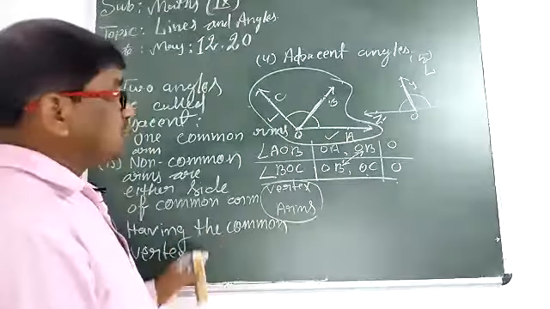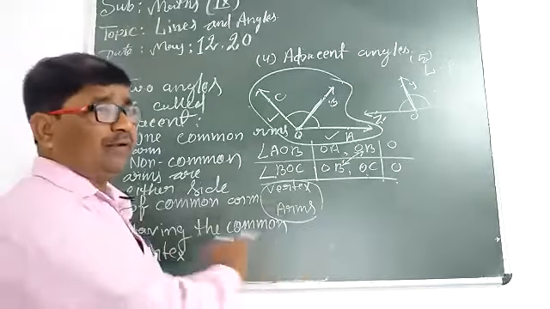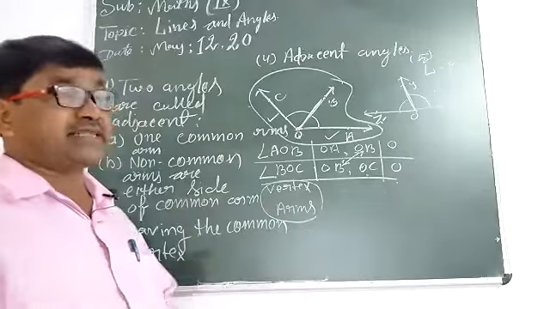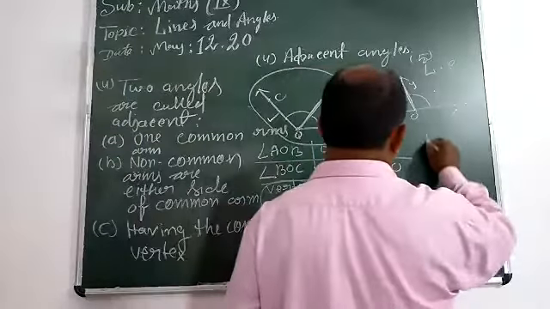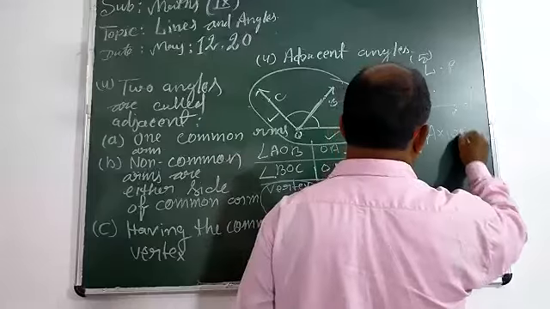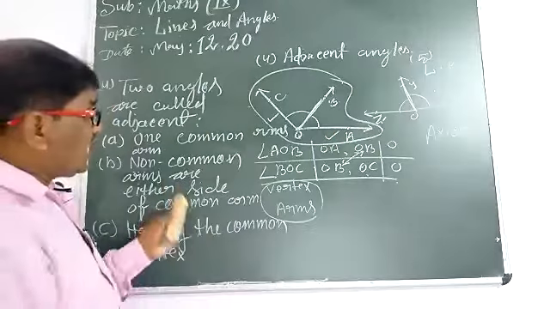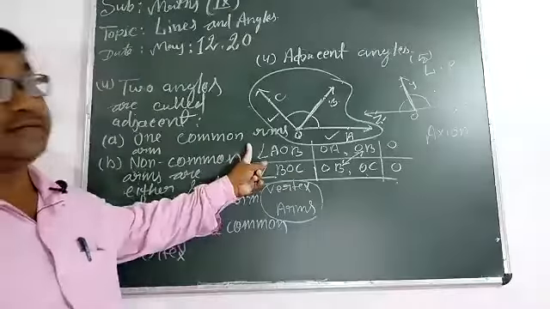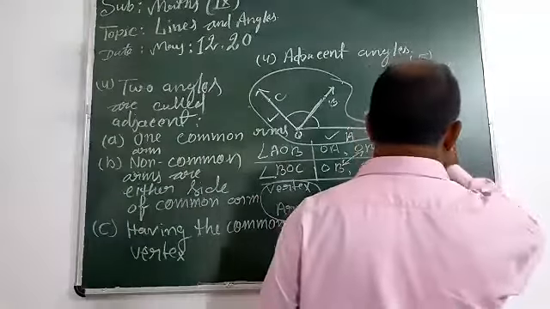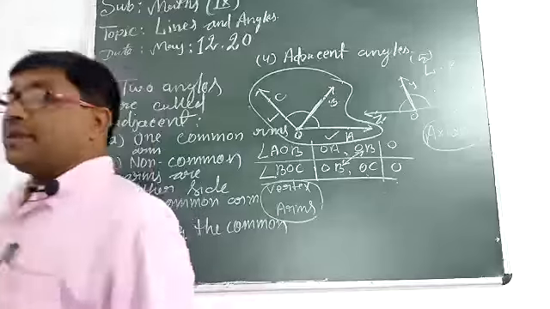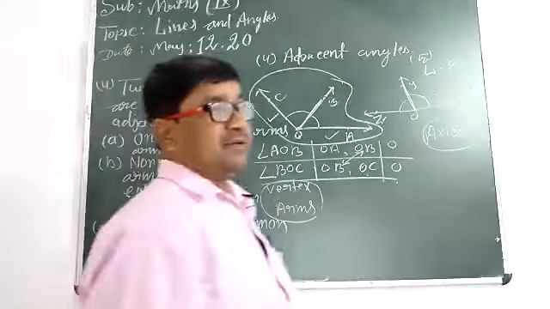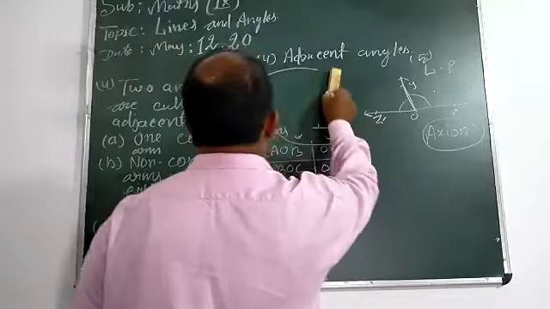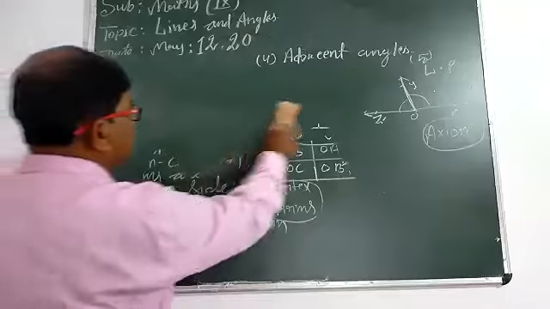Now we should take one major statement from the adjacent angle, and that is the axiom. That is called the linear pair axiom.